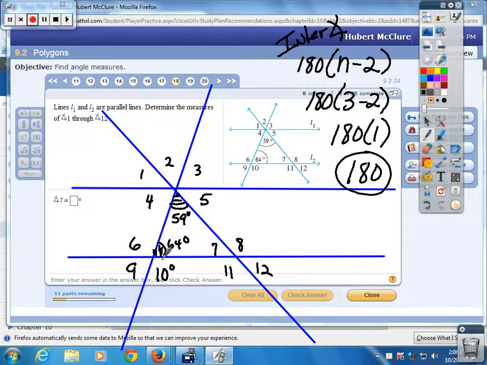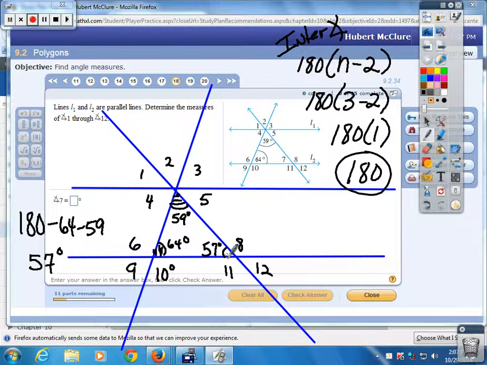We got 2 out of 180, so 180 minus 64 minus 59 is going to be what? 77 or 67 or 57? What is it? 57 degrees. So angle 7 is 57 degrees.